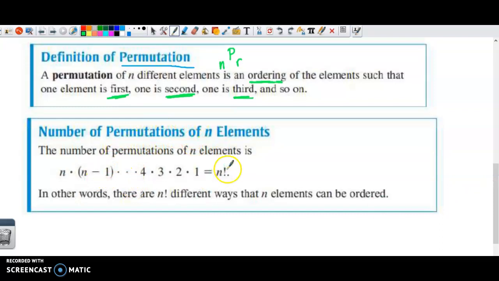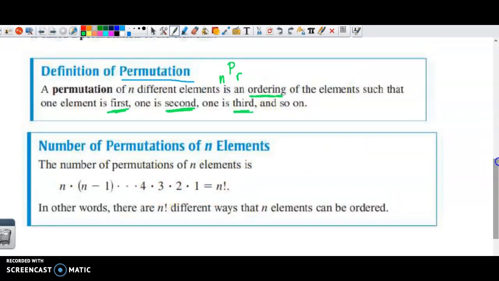Just so you know, n factorial is a form of a permutation, because everything matters. But the reason why we have a certain kind of permutation is because maybe after you get third place, like maybe first gets a trophy, second gets a smaller trophy, and third gets a ribbon, and then fourth place and so on, they don't get anything. We would do a permutation for that one.